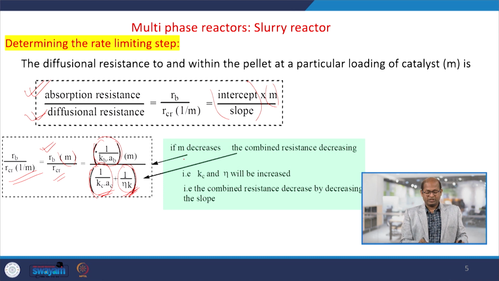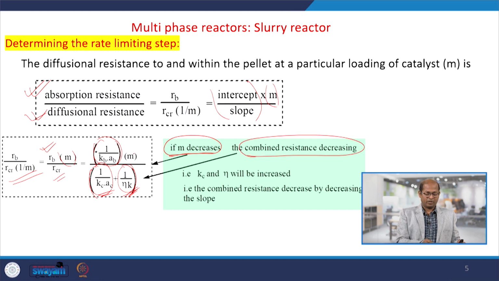If we change the mass of the catalyst for that particular reaction, and if we decrease the quantity m, then the combined resistance will decrease. This applies if the amount of the catalyst at the beginning was taken high. If you decrease that quantity, the combined resistance will also decrease. So this indicates that Kc and eta will be increased.